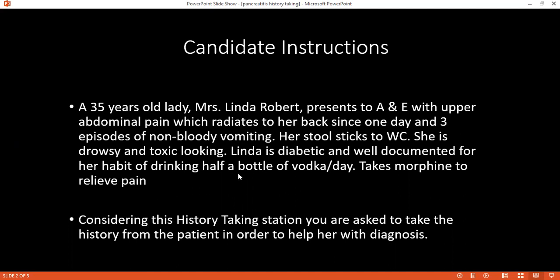In the management, you have to send a request letter to the dependency unit as well, because you have to manage the patient's alcoholism. So that part of the management was missing.